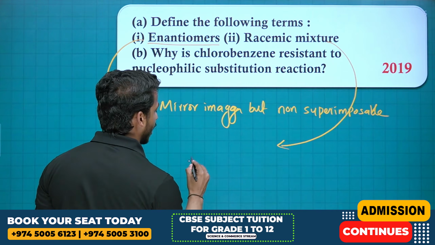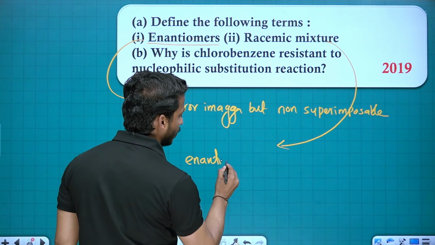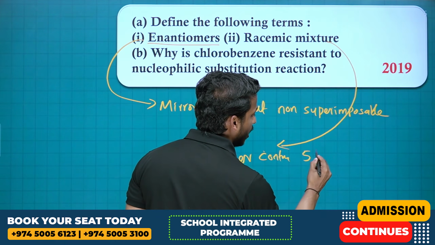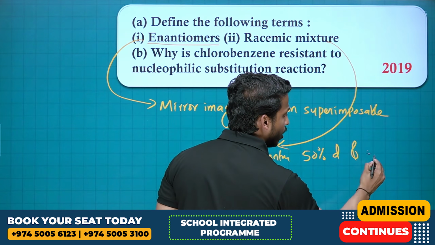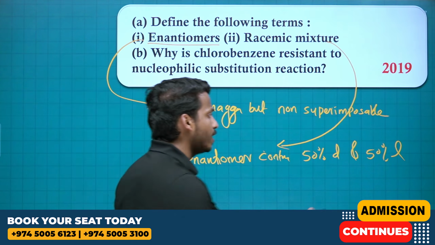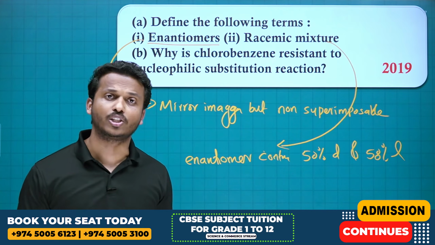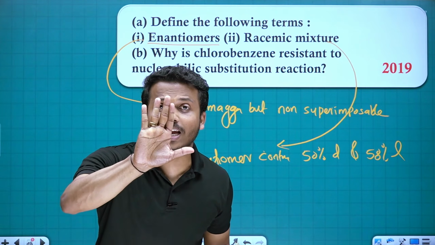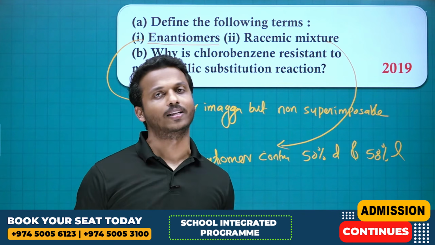What are racemic mixtures? Racemic mixtures are enantiomers which contain 50% dextro and 50% levo. So if it contains 50% dextro and 50% levo, they are optically inactive. Why? Because the optical rotation of one is cancelled by the other.